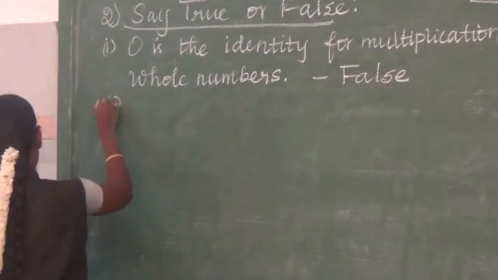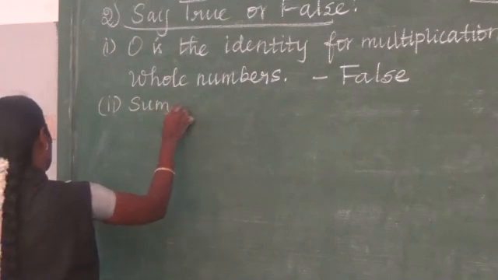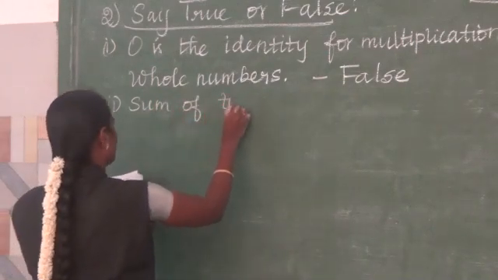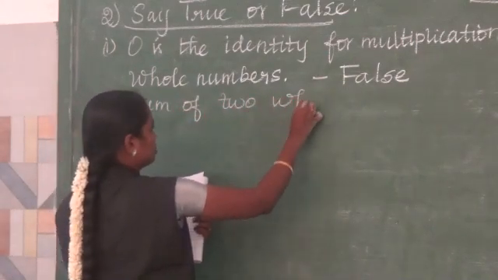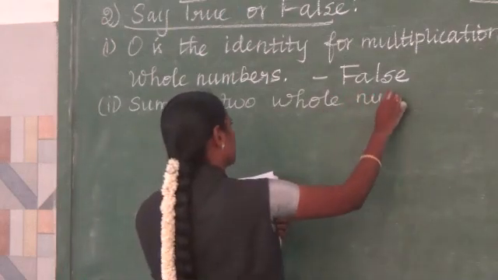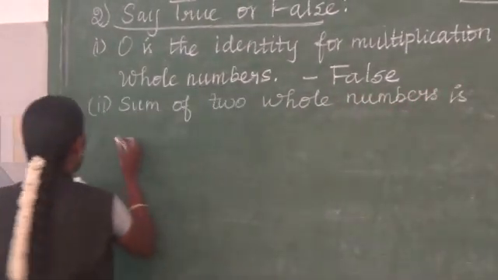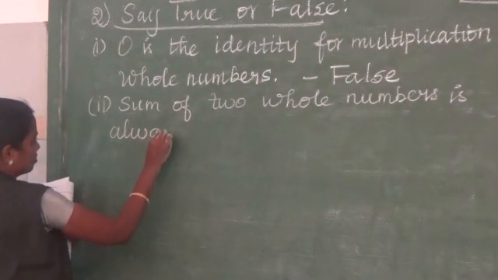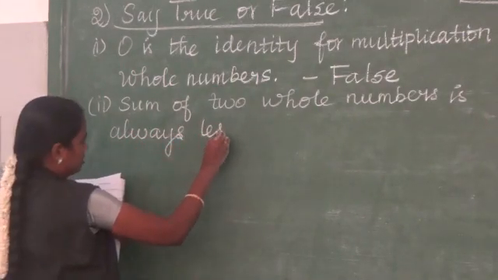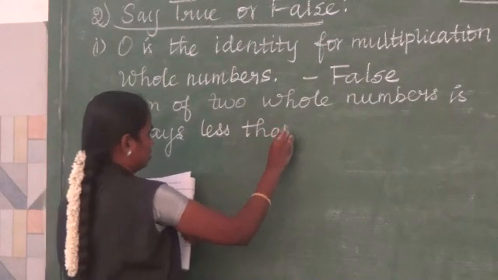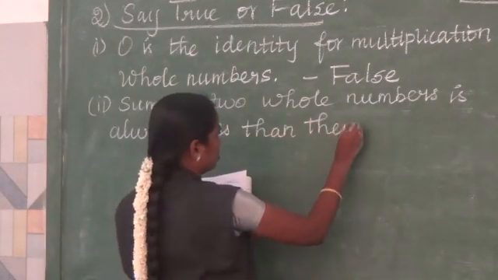Option 2, the sum of two whole numbers is always less than their product.